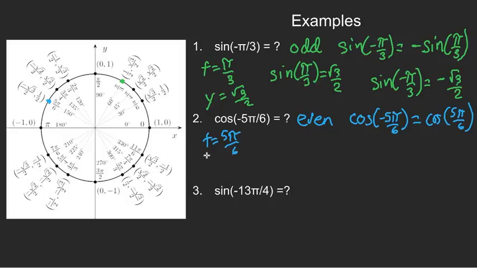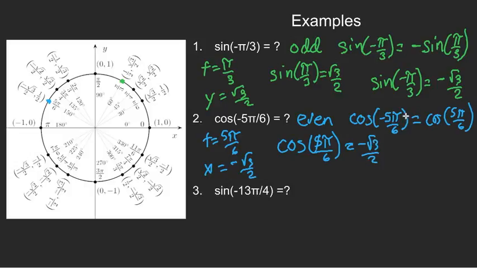So the x value is negative root 3 over 2, and we know that cosine is equal to x. So we can say that cosine of 5 pi over 6 is equal to negative root 3 over 2.